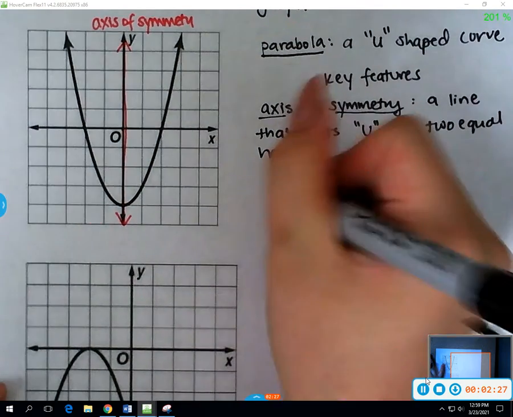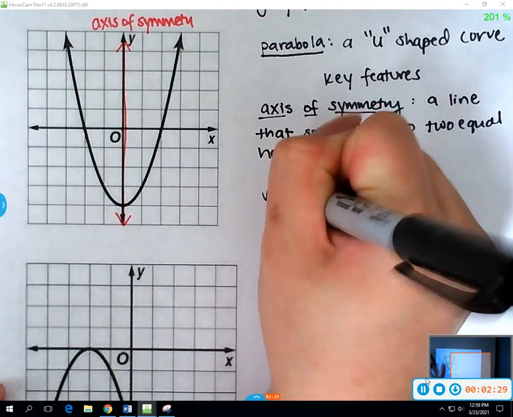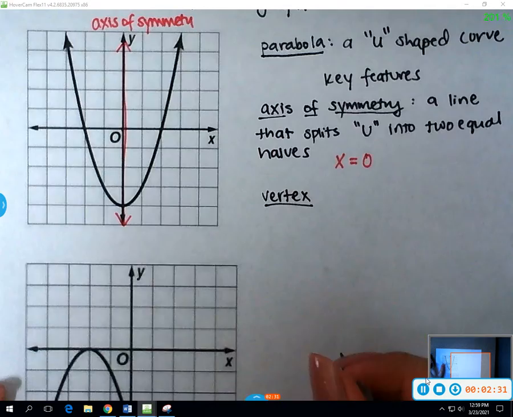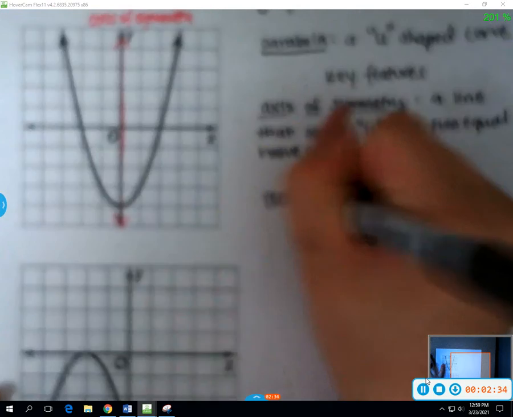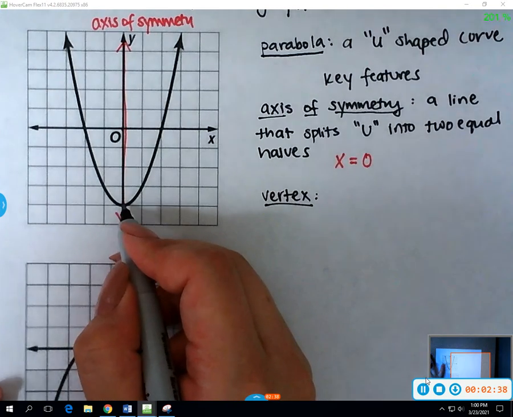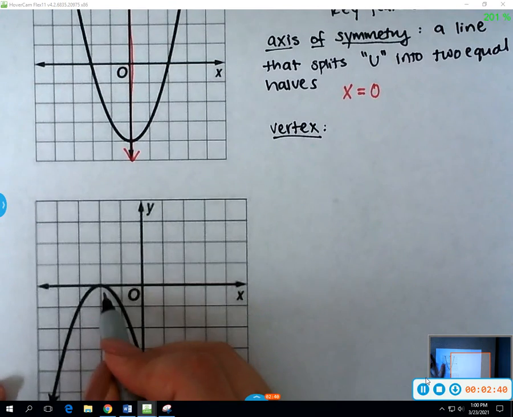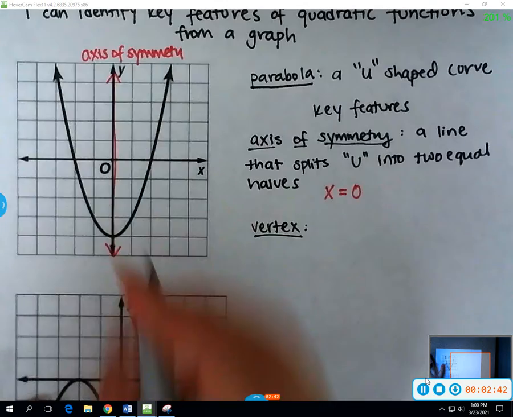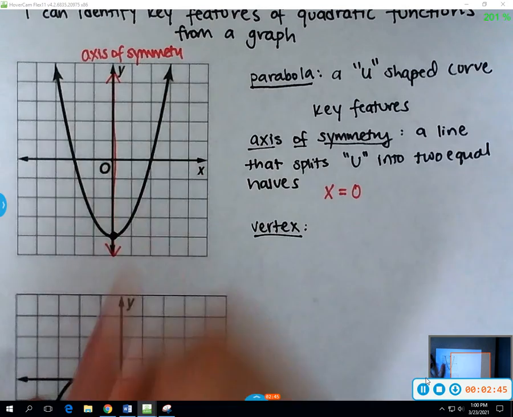Next, after the axis of symmetry, we have our vertex. Now in the context of parabolas, the vertex is always either the lowest point of our curve or the highest point. The vertex is always going to run through the axis of symmetry.